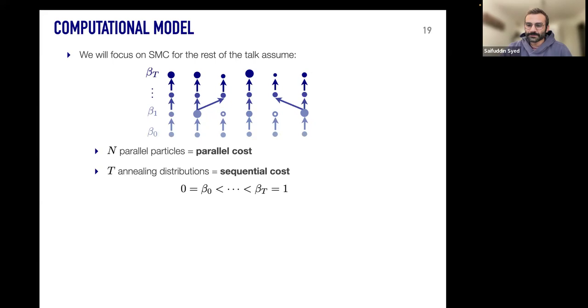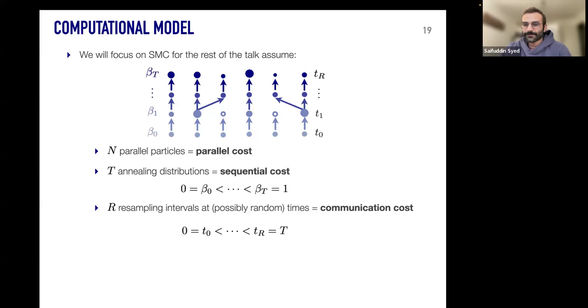Each annealing distribution acts as a sequential cost, right? You have to simulate one distribution at a time. So the number of annealing distributions directly correlates to the runtime of our algorithm. And again, we're going to assume that we have some fixed schedule for now, but we're going to talk later about how to pick that.